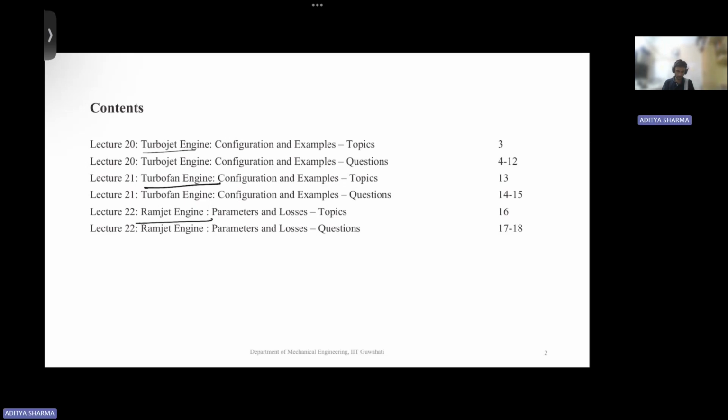So turbojet engine, turbofan engine, ramjet engine. All these are non-reciprocating types of engines.